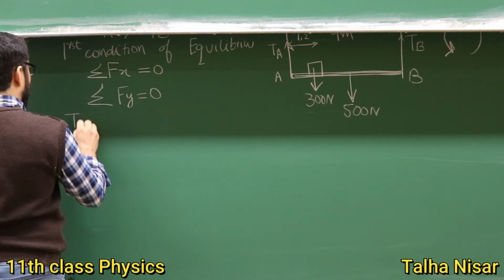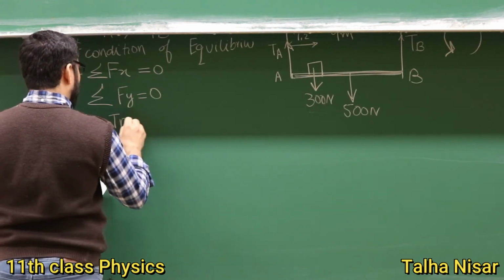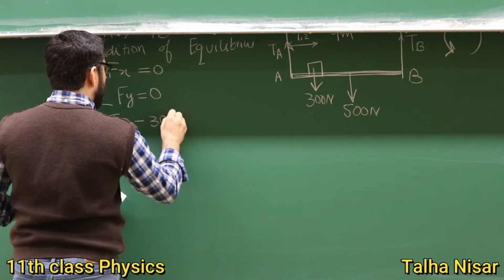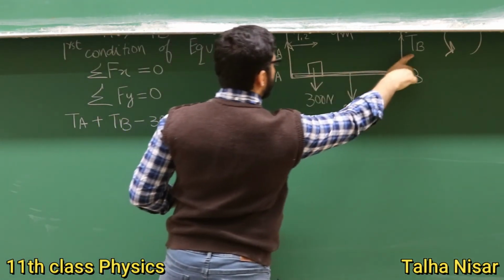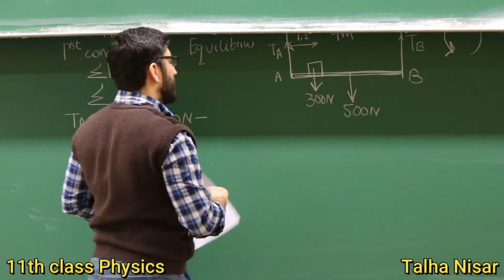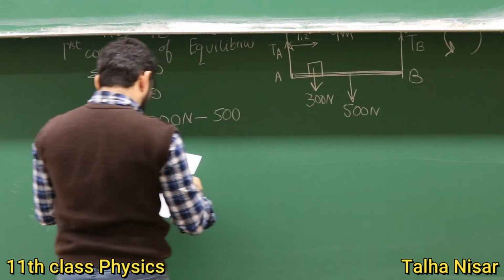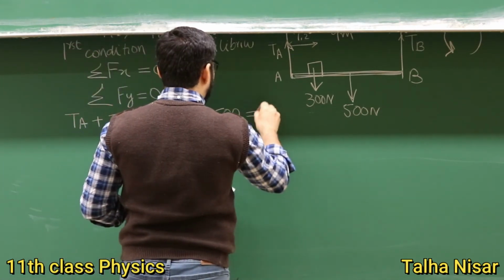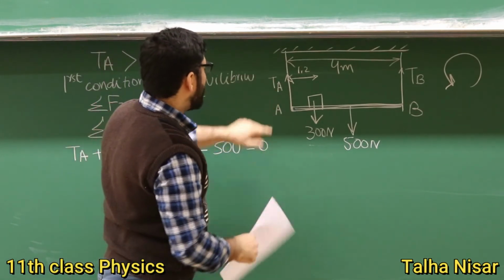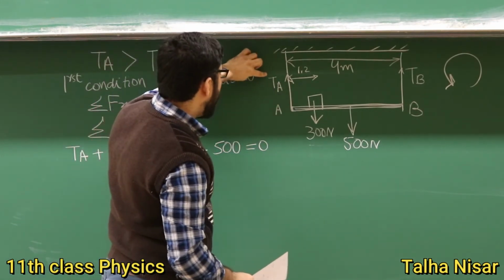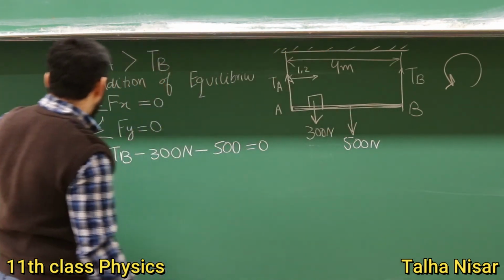TA and TB are in the upward direction, so we write TA plus TB.